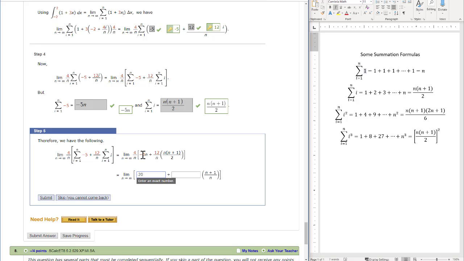And for this one, it looks like they took out a factor of n plus 1 over n. So what do we have left? We have 4 over n times 12 times 2.